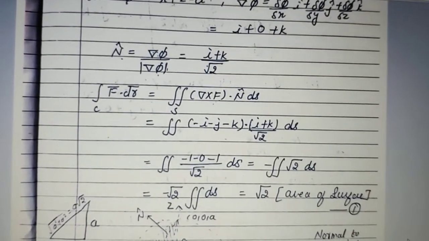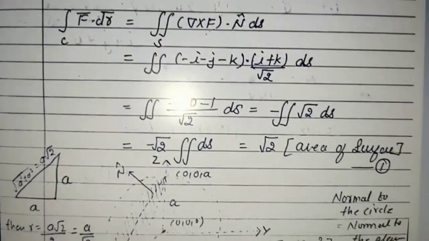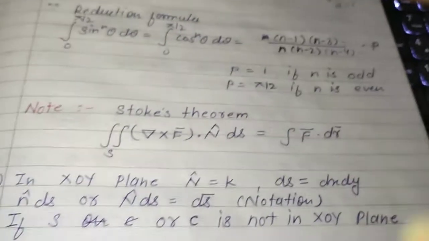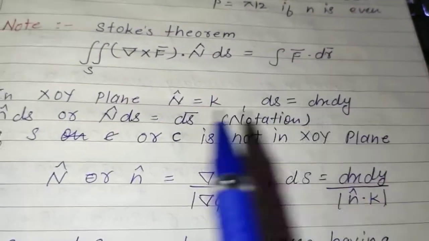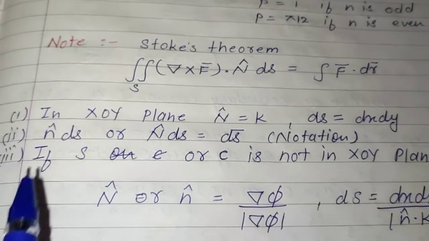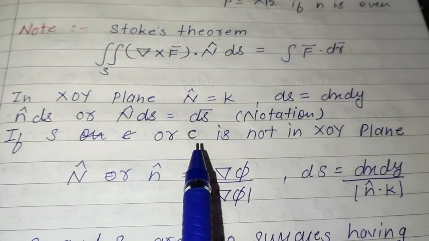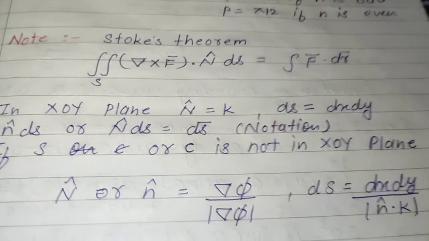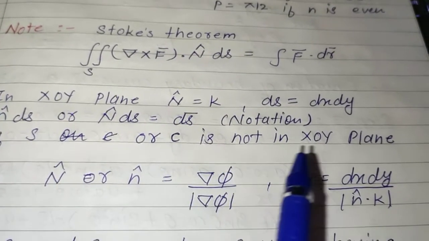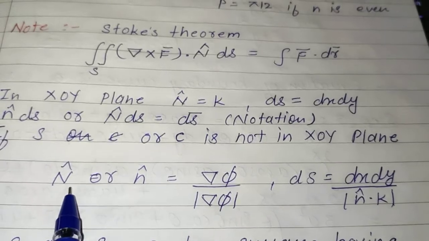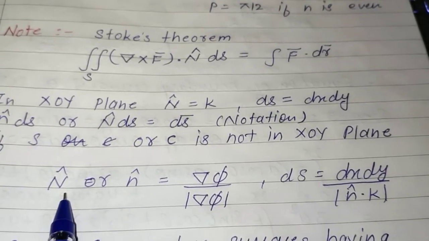So see here, the point is, if S or C is not in the x y plane, then n cap is the normal vector.